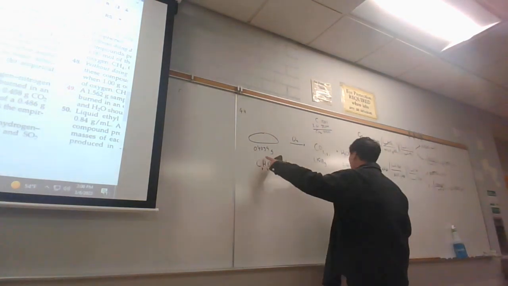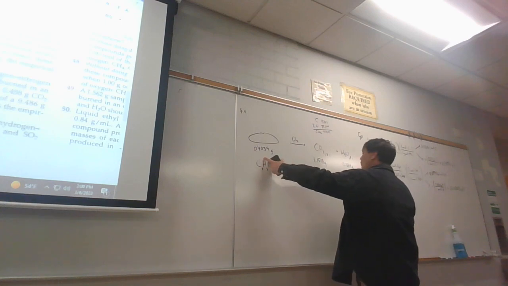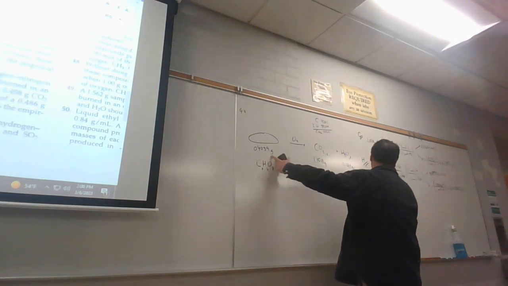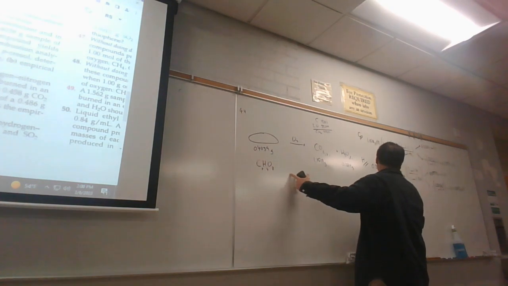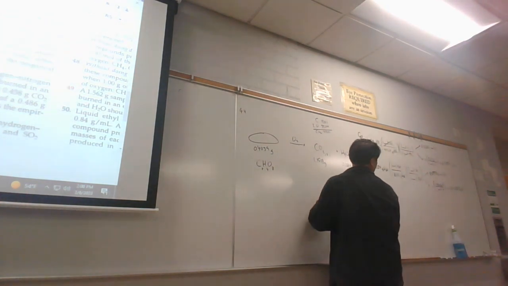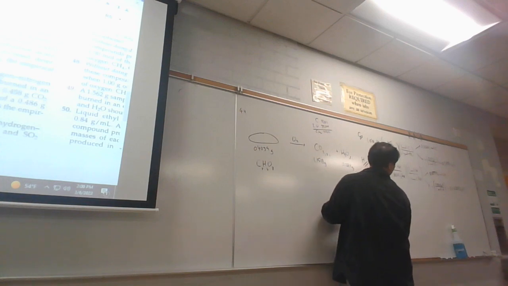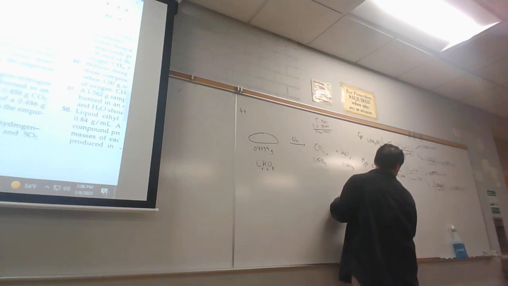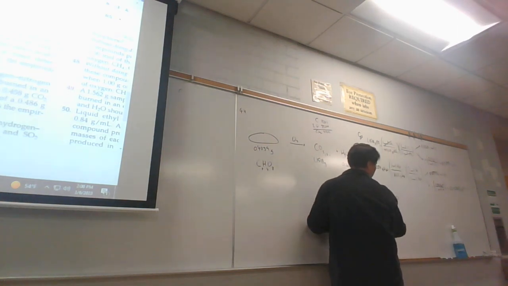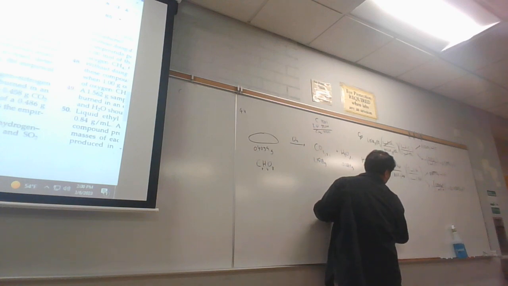Now, for the oxygen, I have 0.4039 grams of CHO. What I'm going to do is subtract the C, so that's minus 0.31431 grams of C. Then I'm going to subtract the hydrogen, minus 0.030139 grams of hydrogen.